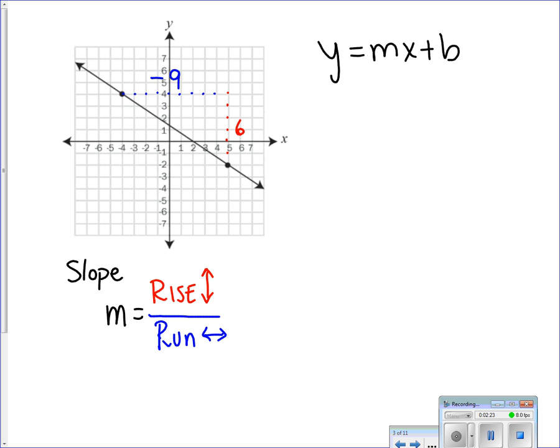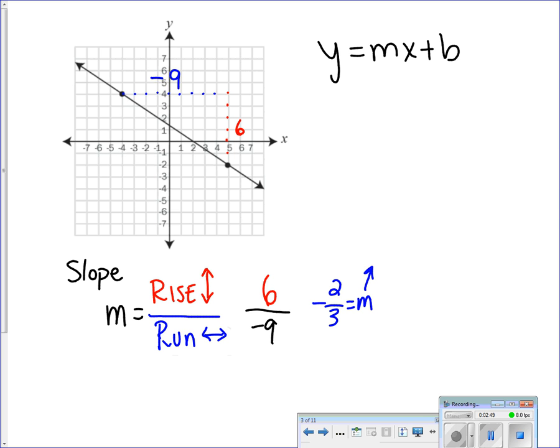Now, slope, which is what I'm working on here with these two numbers, is a rise over run kind of condition. So my rise is 6 and my run is negative 9. Now let's simplify that, and it ends up being negative 2/3. So that's equal to my slope, and I'll stick that into my equation up above.